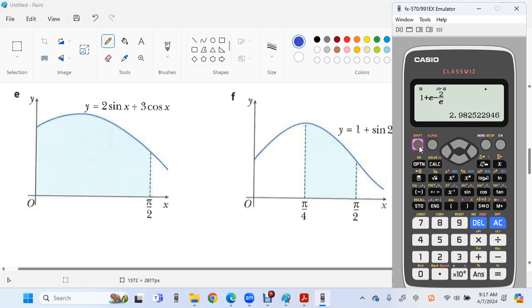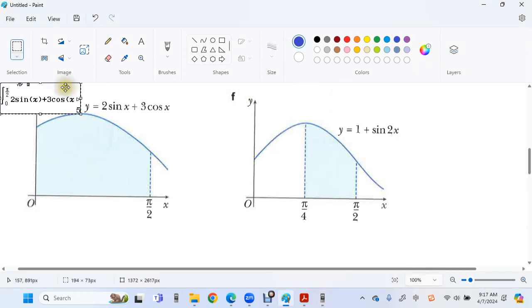So you need to do shift setup, then number two, angle unit, to change to radian. After you change to radian, then you do the integration of 2 sine x plus 3 cos x from 0 until pi over 2. Then it will return 5.